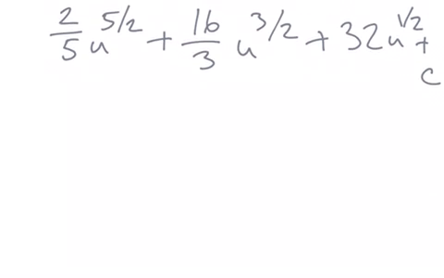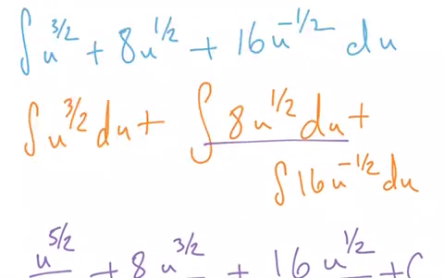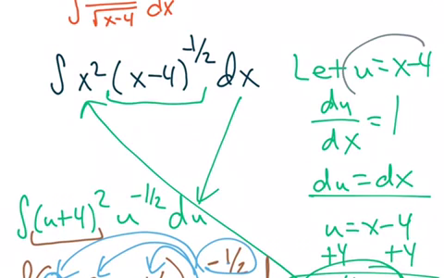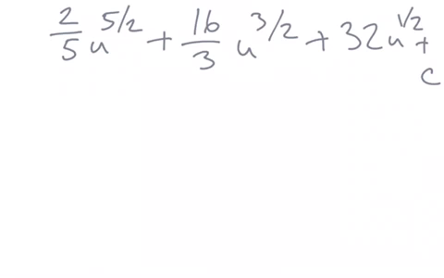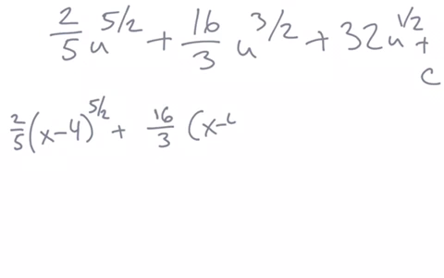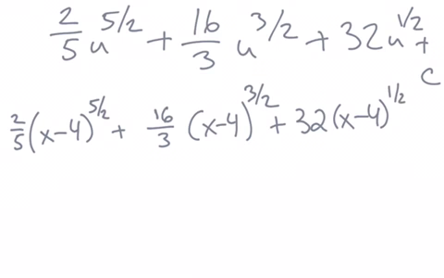And the final answer, remembering that u in the very beginning was x minus 4, yields, let me try to write this a little smaller, 2/5 (x minus 4) to the 5/2, plus 16/3 (x minus 4) to the 3/2, plus 32 (x minus 4) to the 1/2 plus c. And that's my final answer.